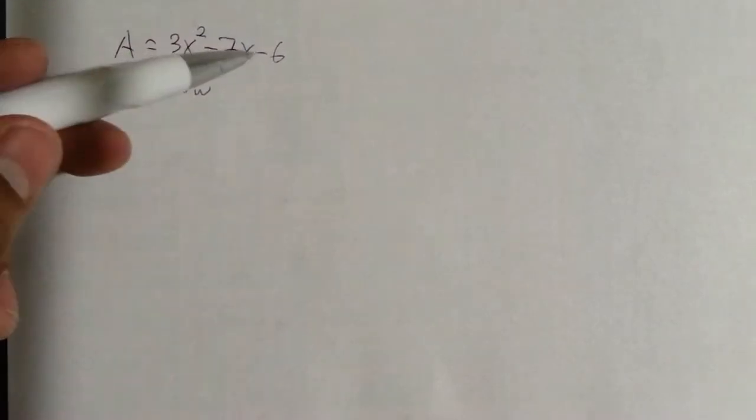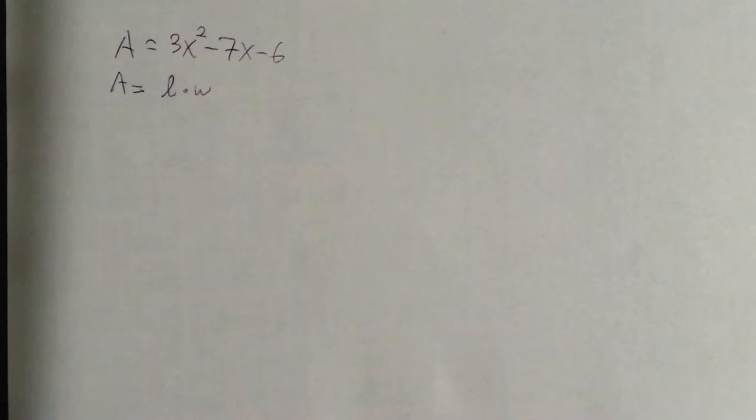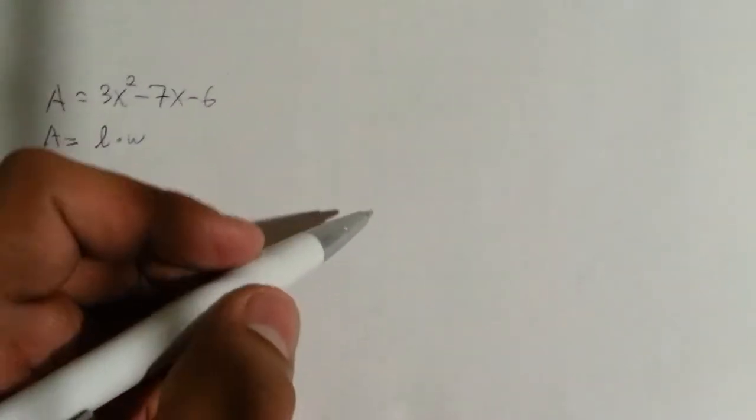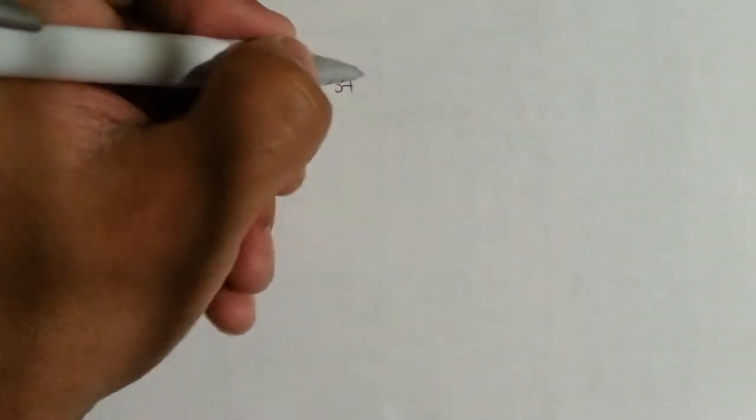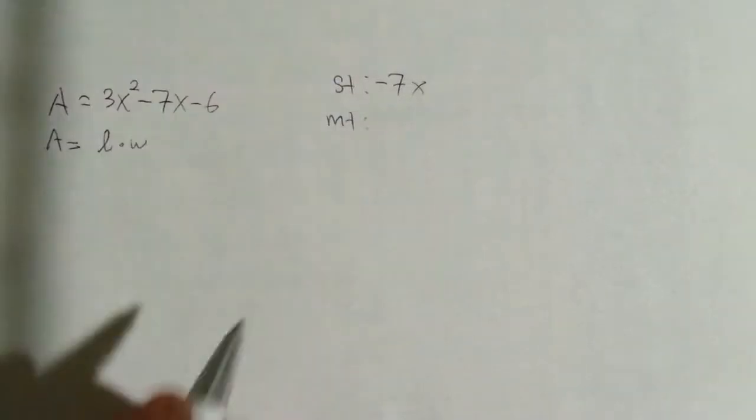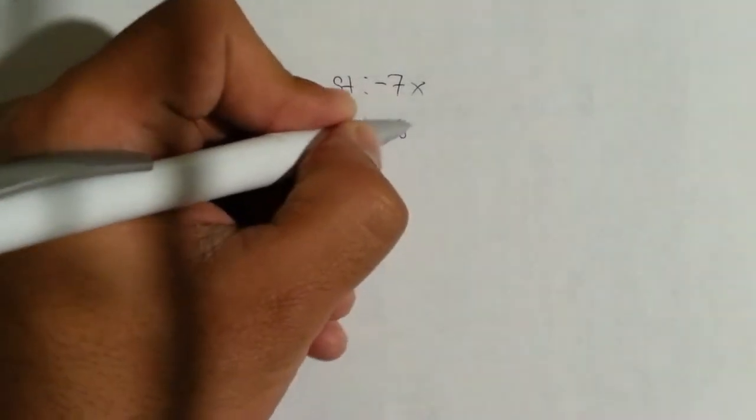In this case, when we factor, we factor an expression into its factors that will multiply out. So we'll want to factor this expression in order to get our length and width. So again, we don't have a leading coefficient of 1, so we're going to use our sums and products method. So we've got st in this case would be negative 7x. Our mt would be negative 18x squared.